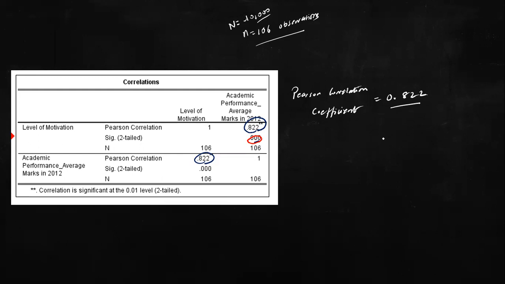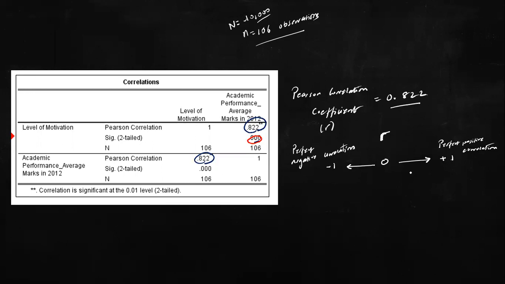So the interpretation of a correlation coefficient is like that. The correlation coefficient is denoted by the letter R. Normally R varies from 0 to +1 for a positive relationship, and from 0 to -1 for a negative relationship. So +1 will indicate a perfect positive correlation, whereas -1 will indicate a perfect negative correlation.